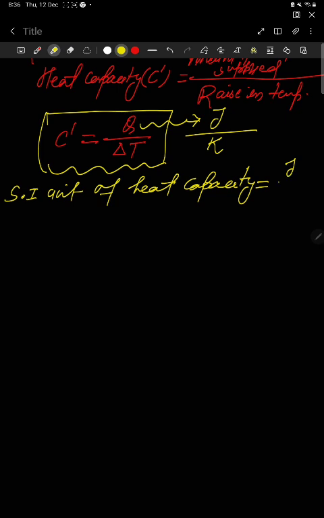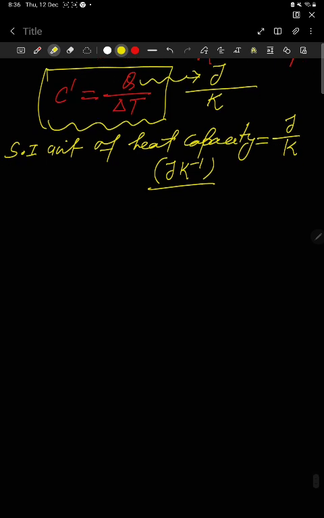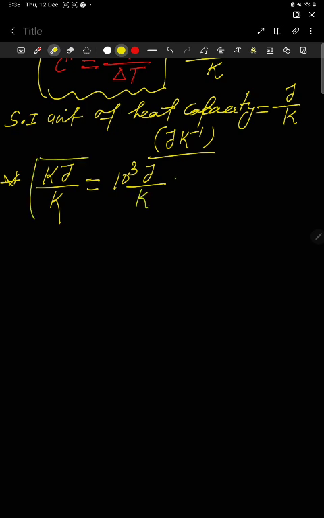So it can be written as Joule per Kelvin. This is the SI unit of heat capacity. Sometimes they give heat capacity in kilojoule per Kelvin. Kilojoule per Kelvin can be written as 10 to the power 3 joule per Kelvin.